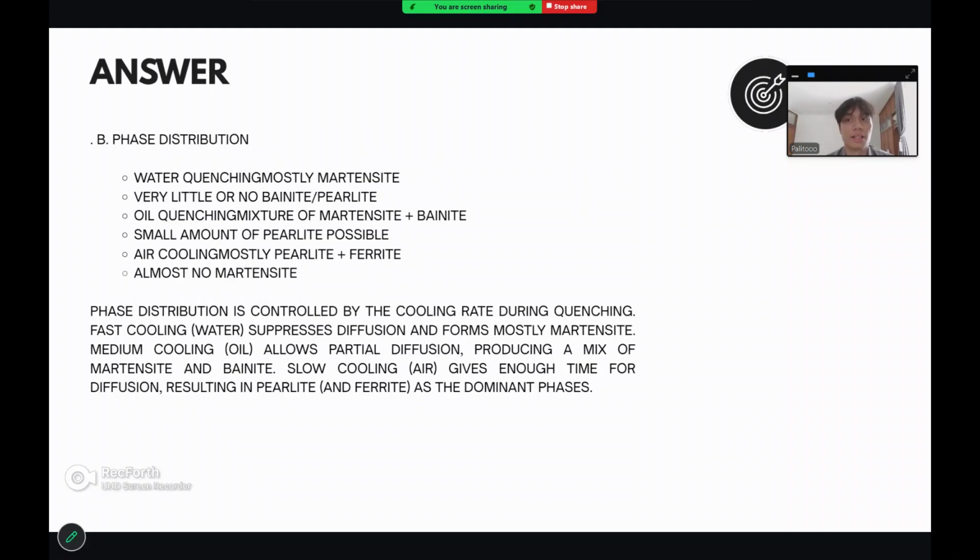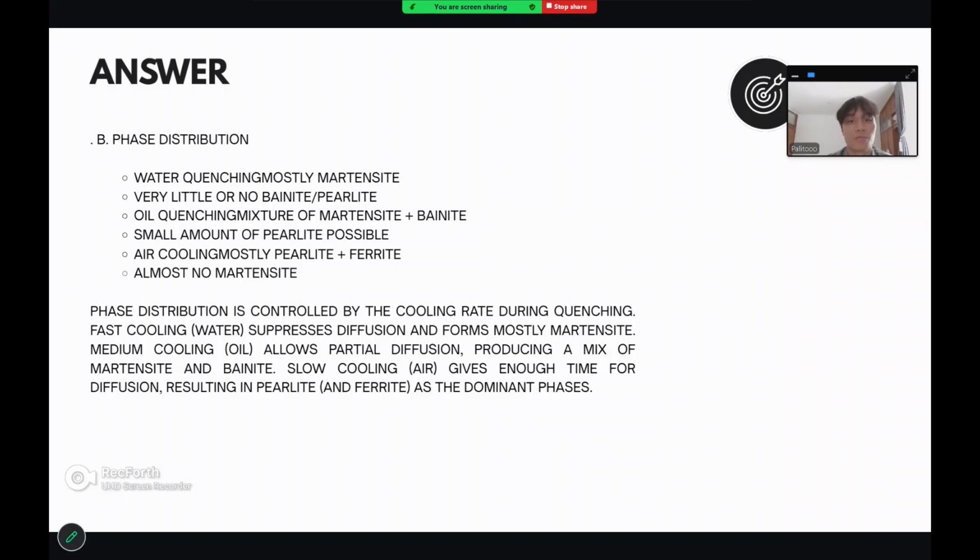So B1 is the phase distribution. Water quenching gives mostly martensite, with very little or no bainite or perlite. Oil quenching gives a mixture of martensite and bainite, and a small amount of perlite is possible. Air cooling gives mostly perlite and ferrite, and almost no martensite. The explanation is that the phase distribution is controlled by the cooling rate during quenching.